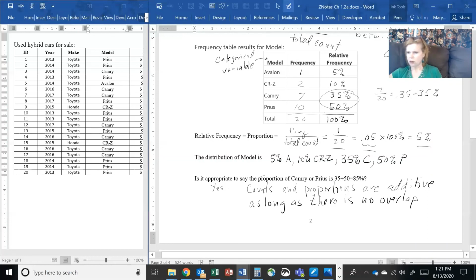What I mean by overlap is that there isn't a car that's both a Camry and a Prius. So since there aren't, adding them together wouldn't be double counting that car. So yes, there's 85% of the cars are Camrys or Priuses.